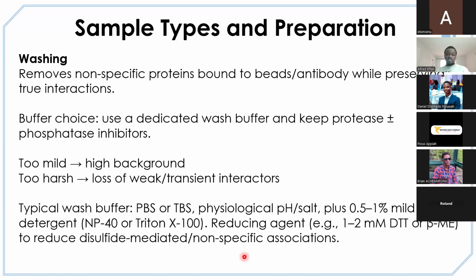And one thing we can also include as part of the washing buffer is DTT or BME. BME is beta-mercaptoethanol. It usually breaks the disulfide bond between proteins. So, you have a cell lysate, there are a lot of proteins in there, and sometimes they do form disulfide bonds between them. So what you can do is, because we are interested in only protein A and then protein X, we can include DTT or BME.